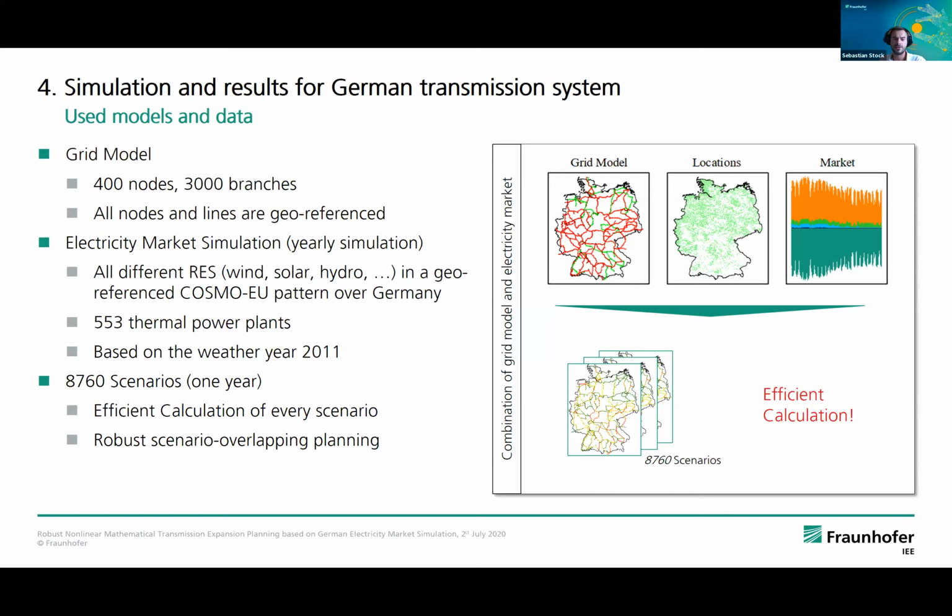Out of this, we are building the scenarios for one year, and for every scenario we then have to perform the grid extension calculation, comparing all the decisions we made in this year. Out of this, the final decision is then derived.